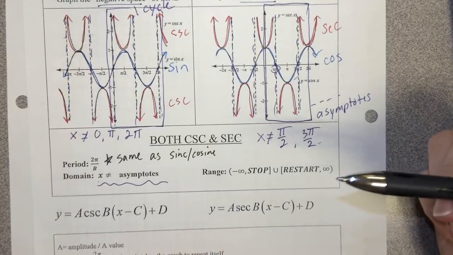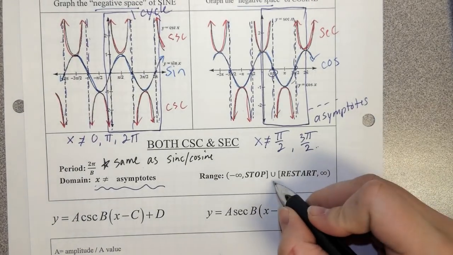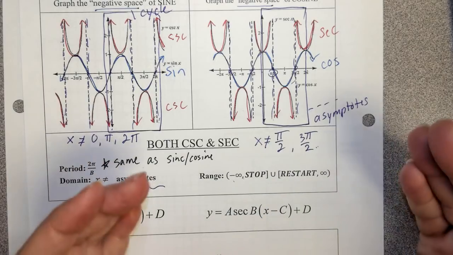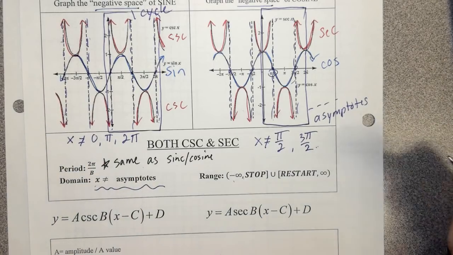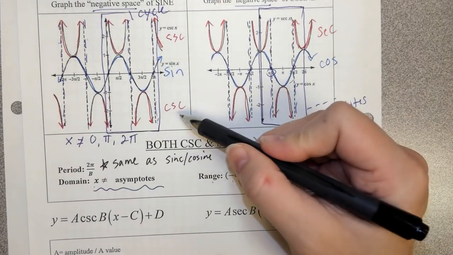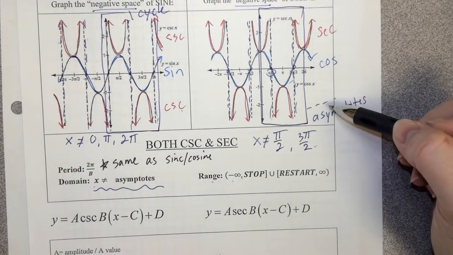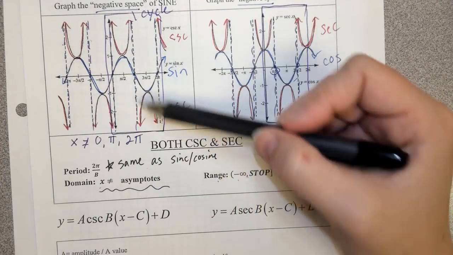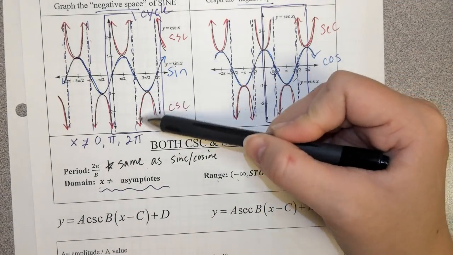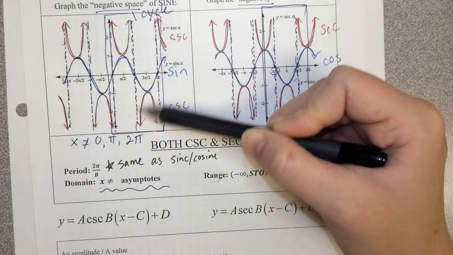Okay, range is kind of tricky. If you think back to how we did range at the very beginning of the year, remember this U symbol for union, because we're going to have two linked set notation setups as we describe this range. We're describing the range of the cosecant graph and of the secant graph. So because of that, I need to describe just the vertical space that the red function occupies.